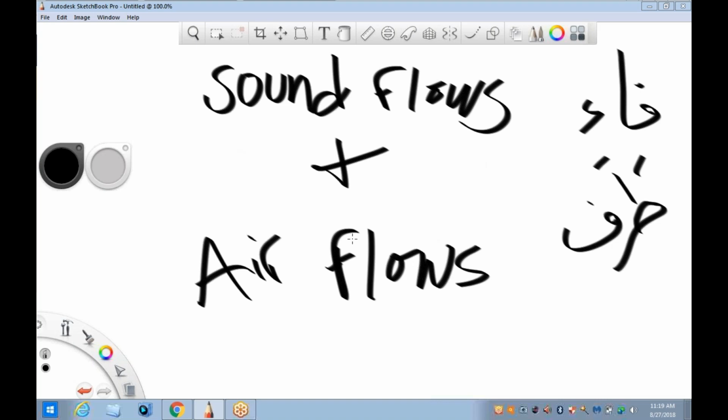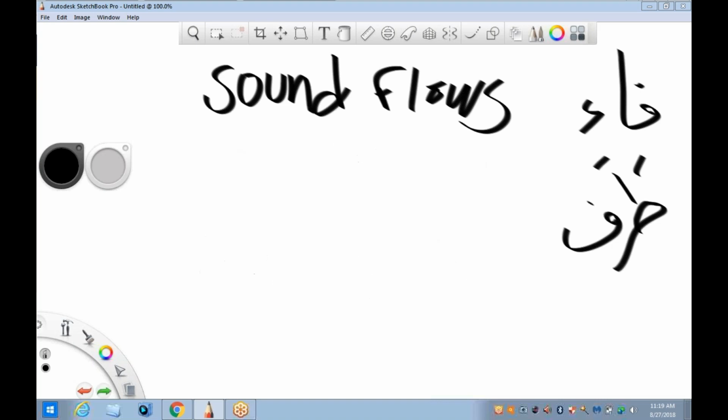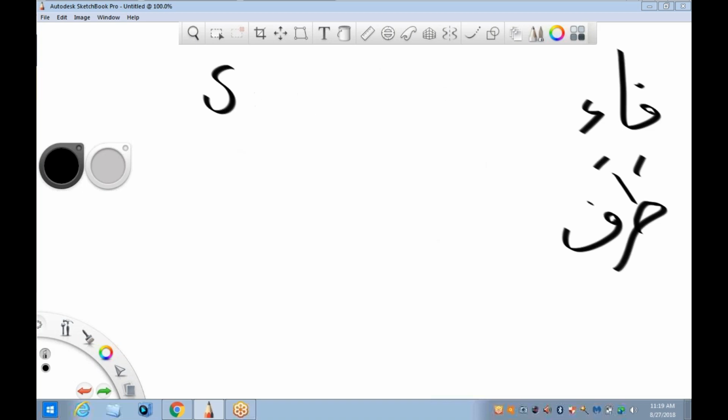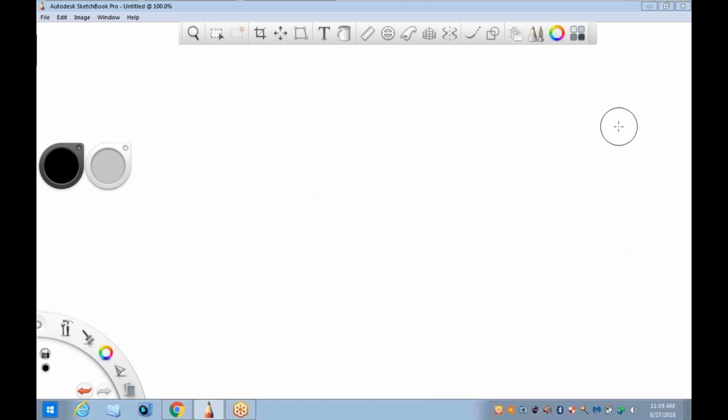يفعلون فلما. So look at these words. I'm going to write these words, and we want to understand that the air flows in them on different levels, depending on whether it's a fatha or a sukun or a shadda. Let's look at it with a fatha first.